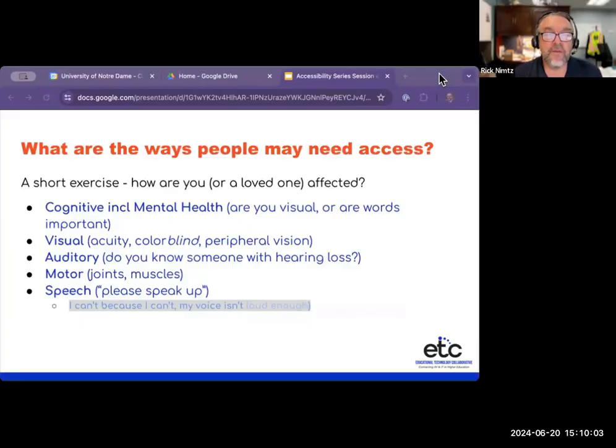So here's a little exercise that we can think about. How are you or somebody that you know affected and may need access? As I was looking over these slides earlier today, I realized that I personally have been affected by all these. Not people that I know, but me personally.